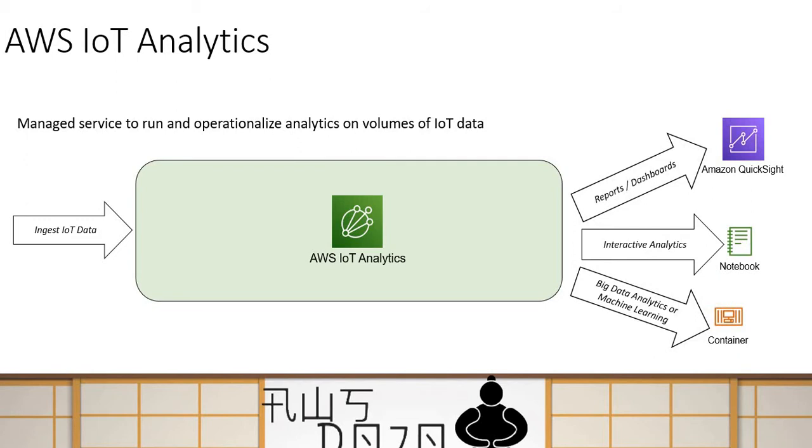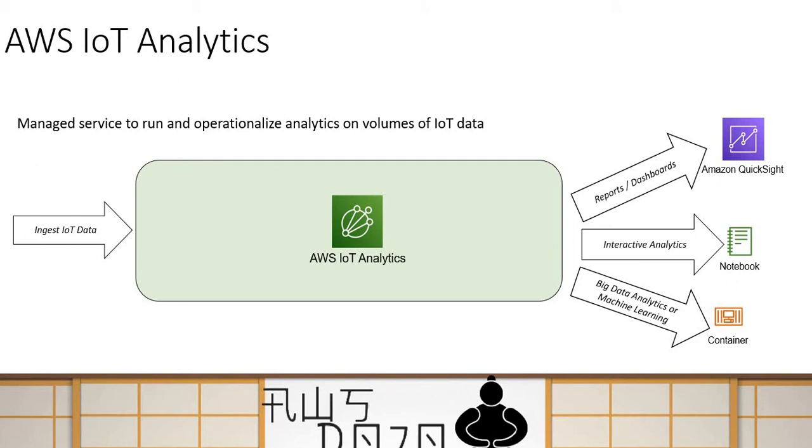When you're trying to build this kind of pipeline where you bring your data and then consume it in reports, in machine learning, in interactive analytics, you can achieve such a configuration using AWS IoT Analytics, which is a managed service from AWS.